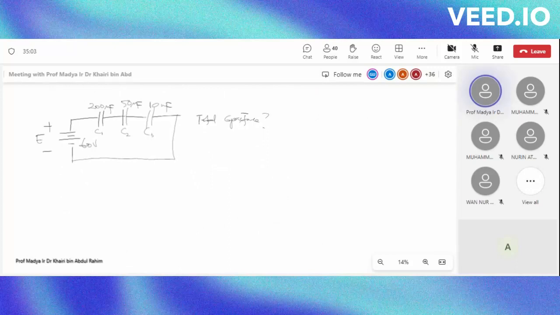So total capacitance, again, like I said, because it's series, it is equivalent to parallel resistance. So what is the total capacitance value?